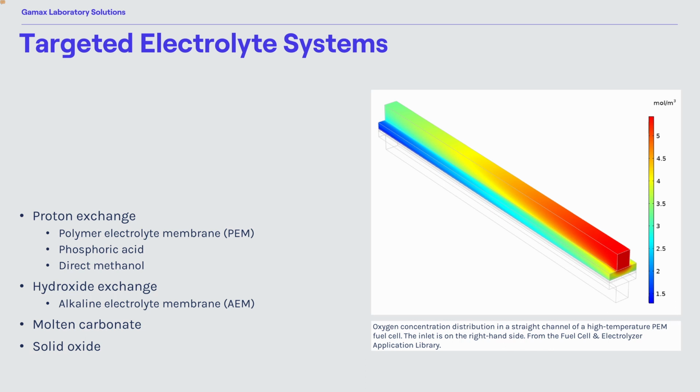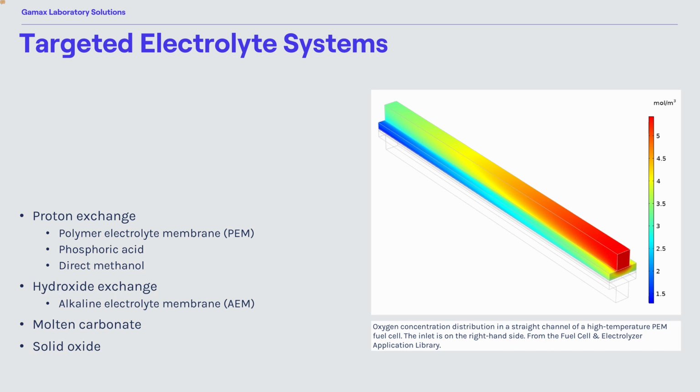Molten carbonate and solid oxide are also available. In the last one, we had solid oxides. They operate at rather high temperature ranges, more than 700 degrees Celsius, and you need a constant flow, so it cannot be used as a passive system.